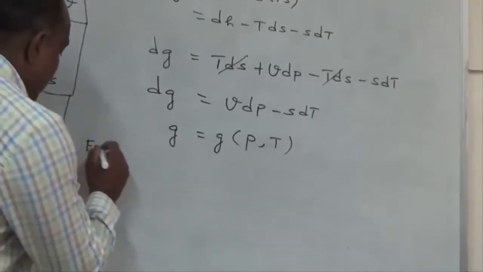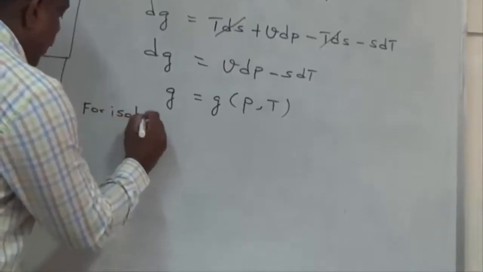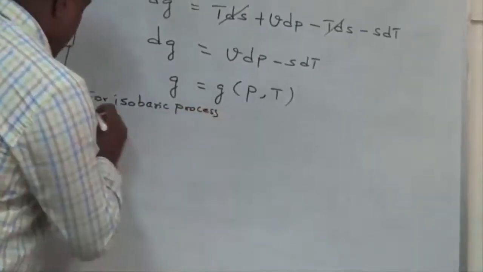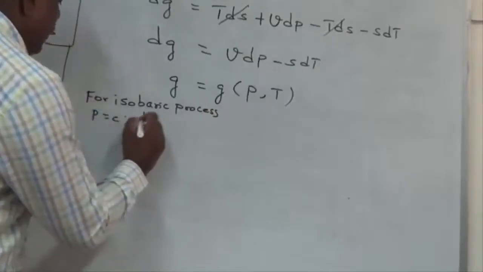So for an isobaric process, P equal to C, otherwise dP equal to 0. So this first term will go away.